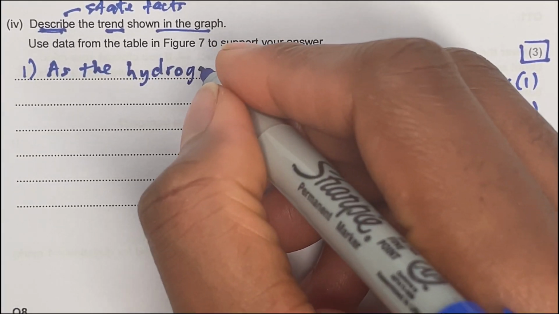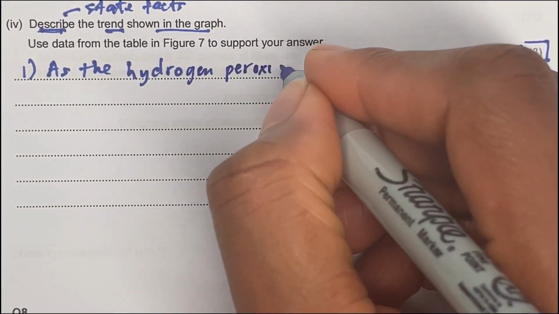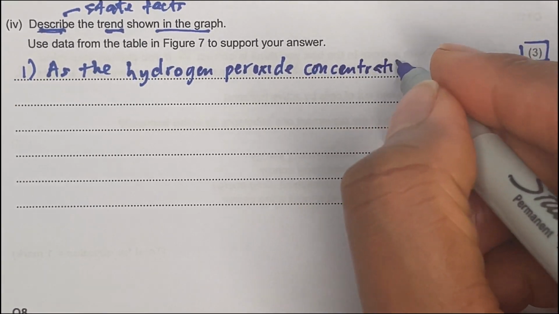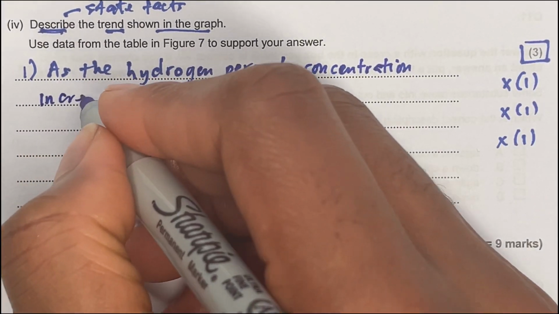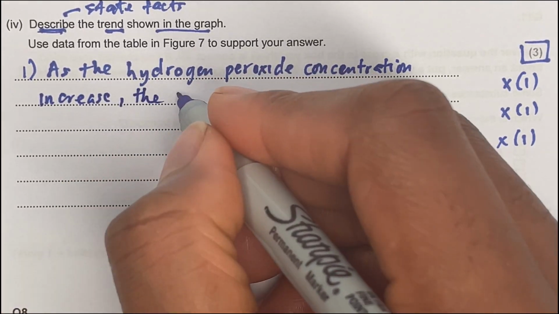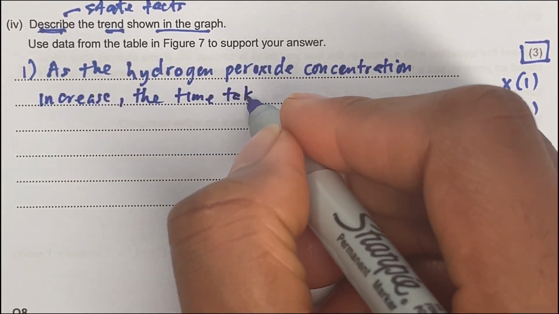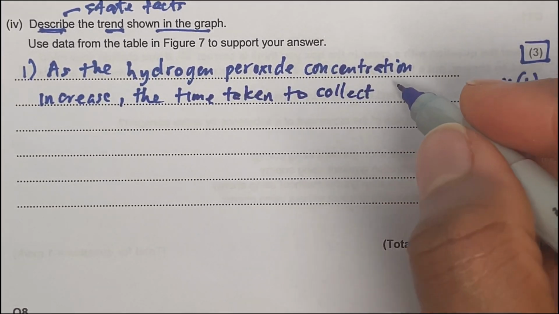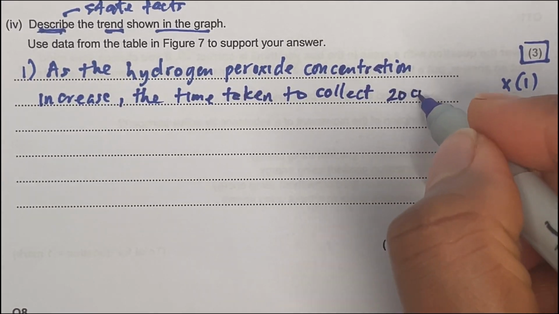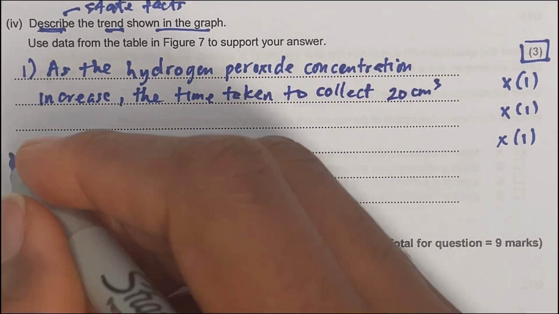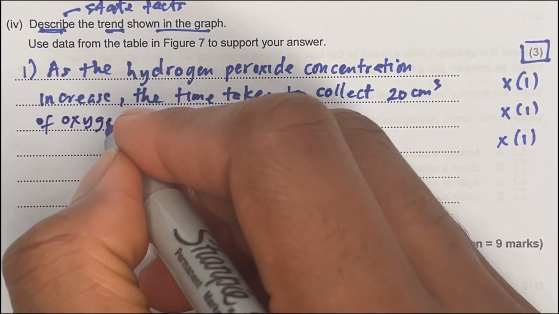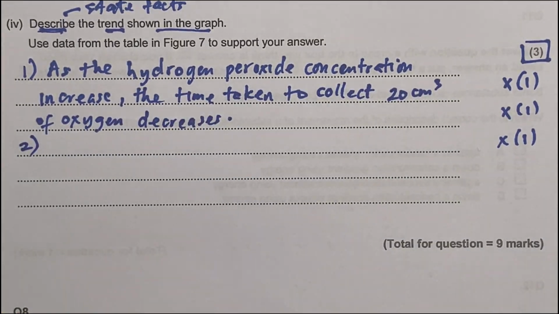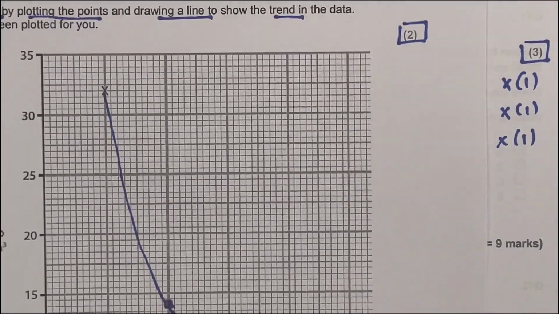As the hydrogen peroxide concentration increases, the time taken, so I'm not just writing time, use the actual words, the time taken to collect 20 centimeters cube of oxygen decreases.